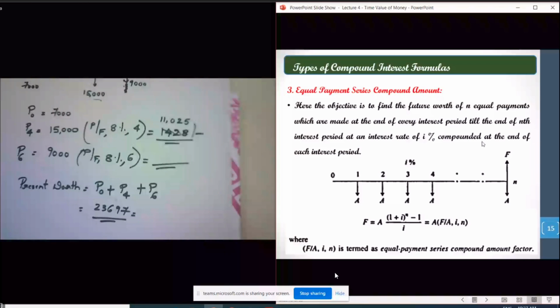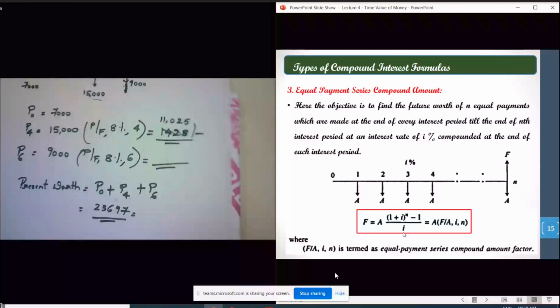When you have a cash flow diagram of this nature, you can use this formula: F is equal to A into (1 plus i) whole to the power n minus 1, divided by i. Here the n is not clear, so it is n, minus 1 divided by i.